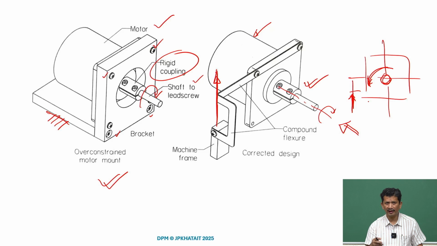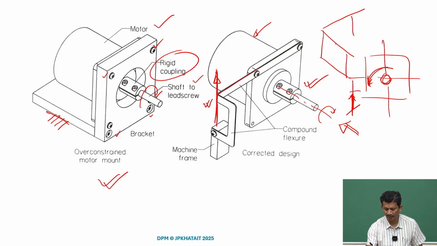So, one line constraint away from the axis of rotation can provide you the sufficient reaction moment. And in this case, what happens is it provides all degrees of freedom, it is not locking other degrees of freedom except this. So, this is a flexure mechanism. Later we will be learning about this. What we call a leaf spring, folded leaf spring.